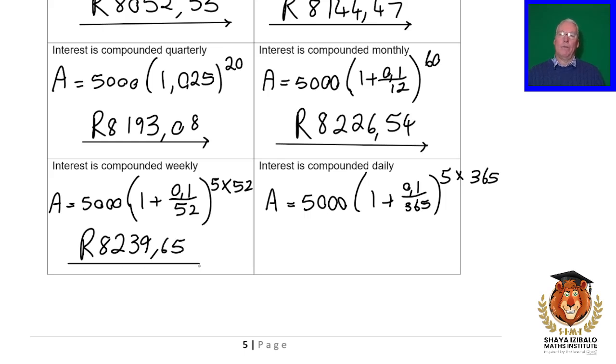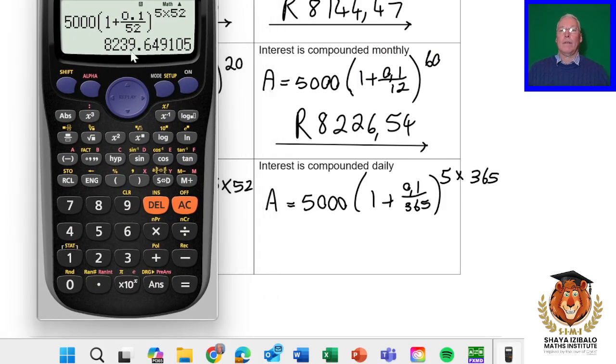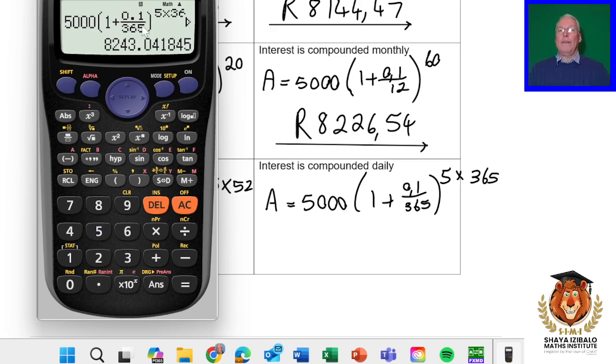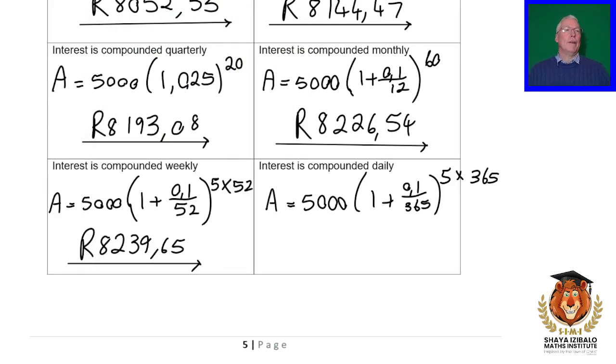And then the last one, if we calculate it daily, we get 5,000 times 1 plus 0,1 over 365, to the power of 5 times 365, and we get 8,243 and 4 cents.